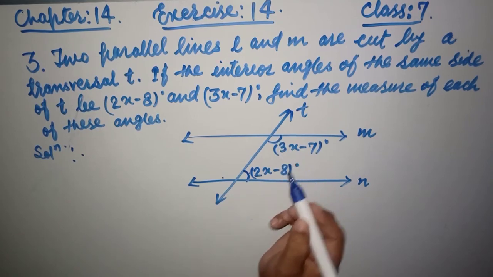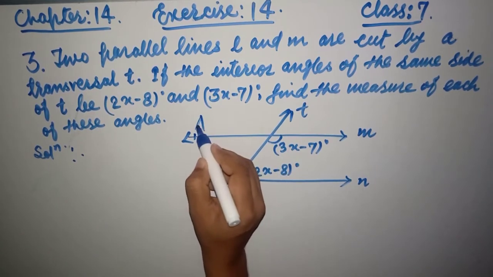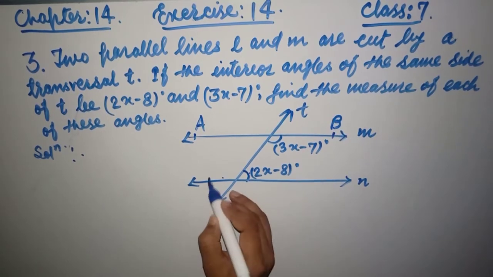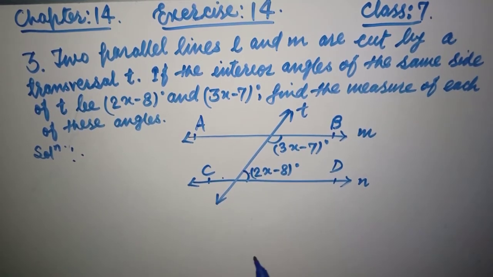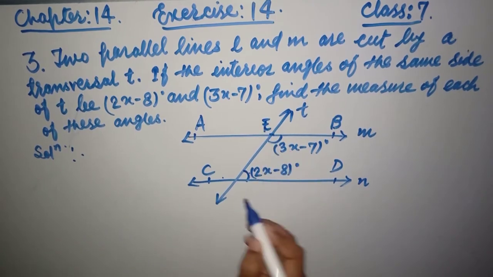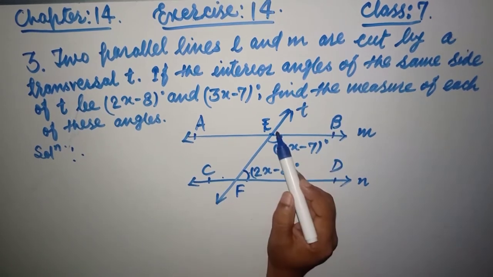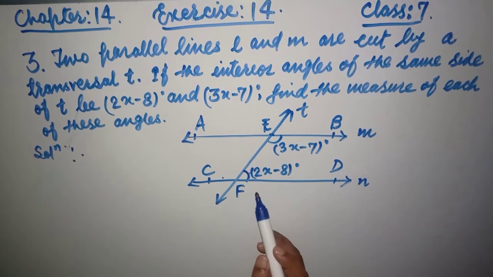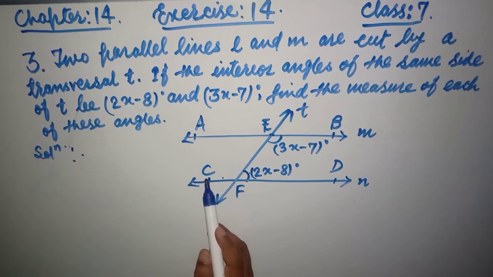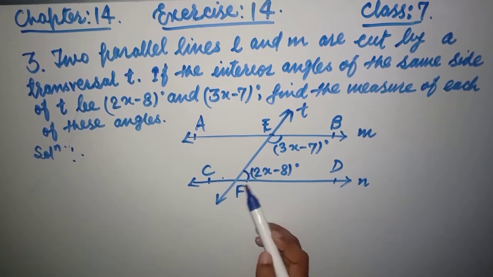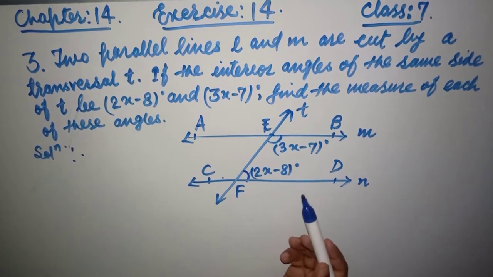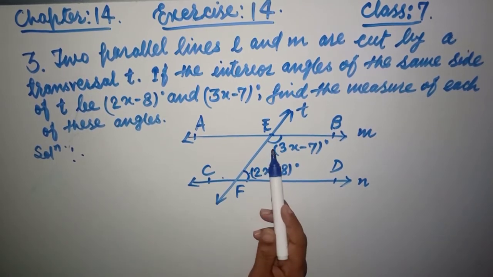Suppose this is A, B, C or D, and suppose this is E and this is F. Now friends, the interior angles: angle BEF plus angle DFE is equal to 180 degrees, because we know the sum of interior angles on the same side of a transversal is 180 degrees.